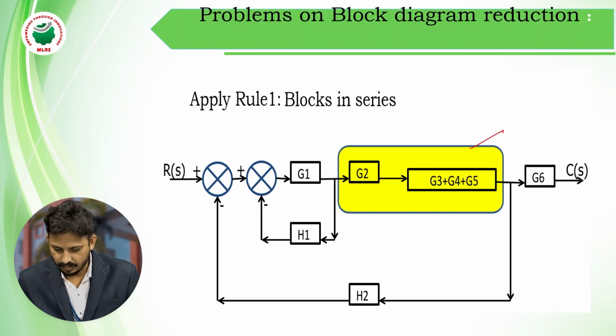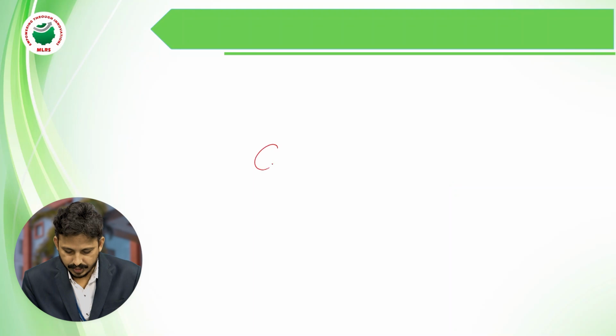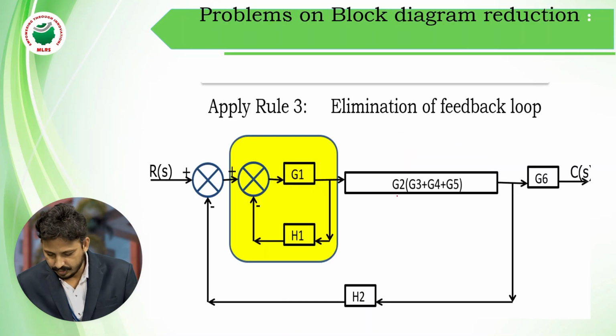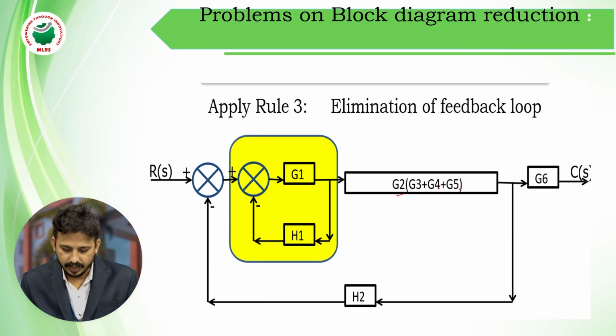So this is the block. And these two are connected again in cascade, so I have to multiply them: G2 into G3 plus G4 plus G5. See here, G2 into G3 plus G4 plus G5.